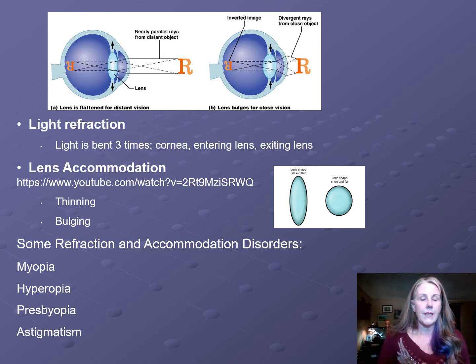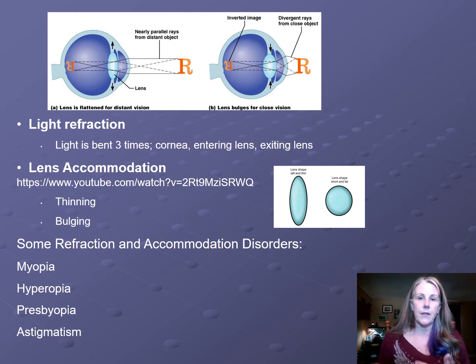But 90% of the time when we have an astigmatism, it is the cornea. All right, so the cornea is not quite symmetrical. So one little part of that cornea is just not as symmetrical as the other side. And we start to see maybe a little patch in our vision that is blurry.